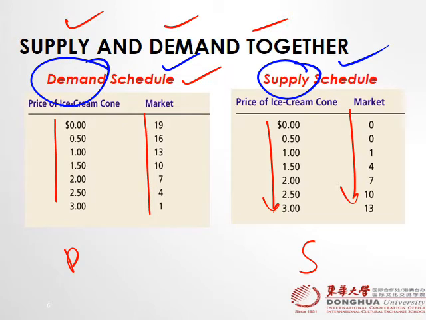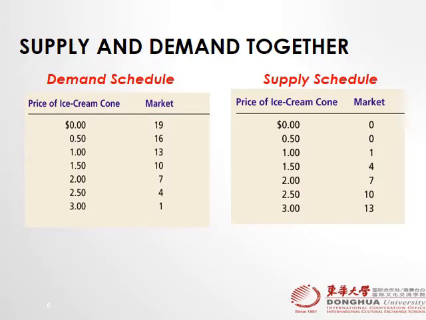We can find out supply and demand together. Okay, but before, just notice some characteristics. What is the equilibrium quantity and what is the equilibrium price? You can find out even before going to the curve. Find the price at which quantity demanded and quantity supplied are equal. Did you notice something?